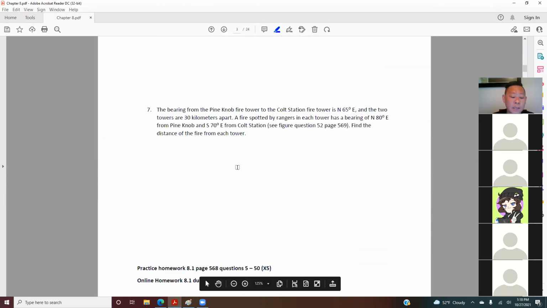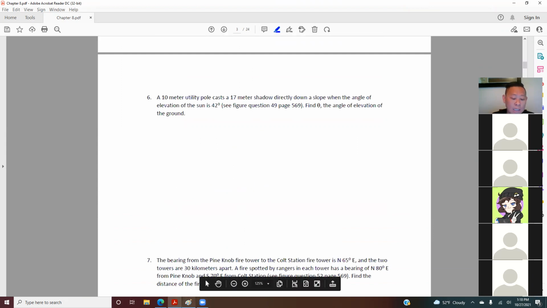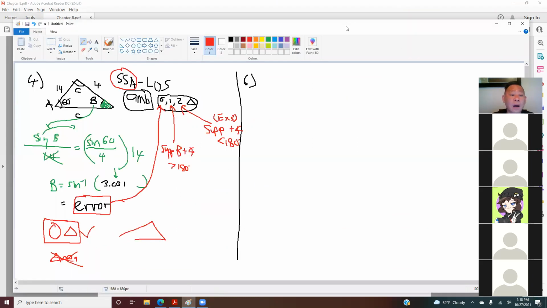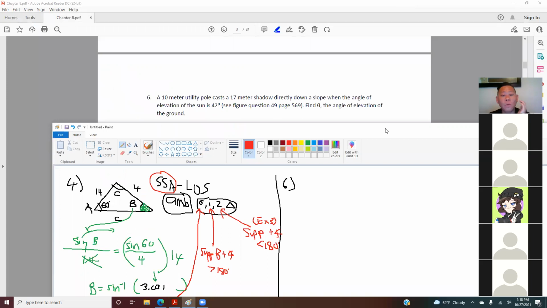So question number 6 says that we have a utility pole 10 meters long that casts a shadow of 17 meters on a slope, with the angle of elevation of the sun at 42 degrees. So we have a slope, okay, and you have a pole. This pole is 10 meters long, and it casts a shadow.